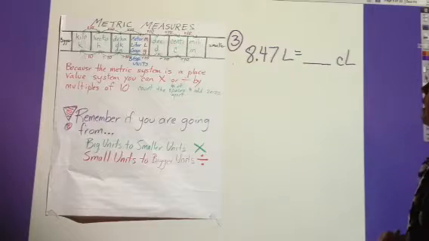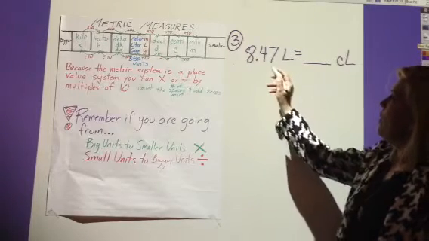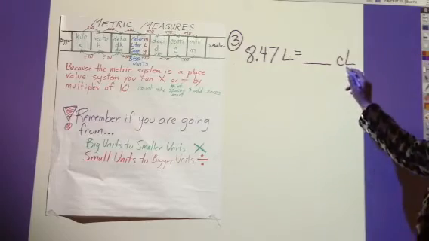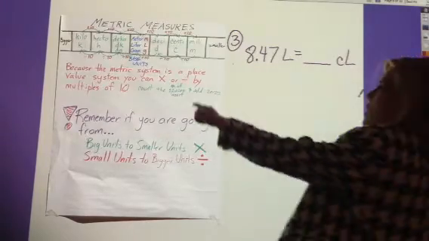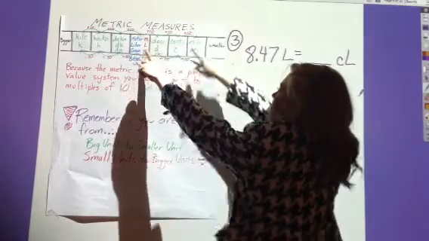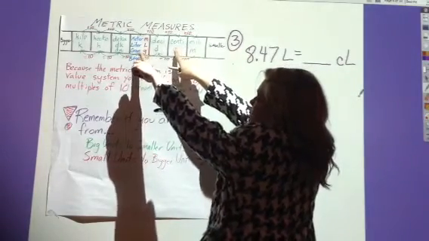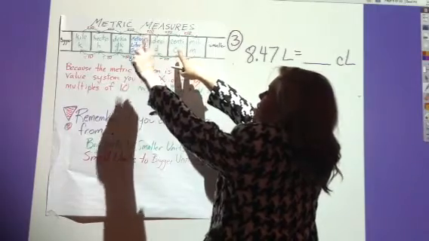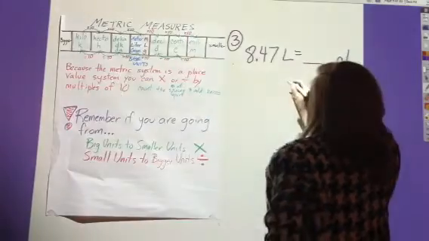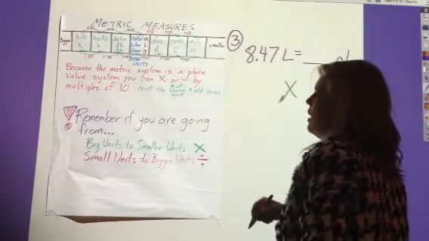Next. Here I have 8.47 liters, and I want to convert that into centiliters. I'm going to look at where liters is on my chart, and I'm going to look at where centiliters is on my chart, and I realize that this time I'm going from bigger to smaller. When I'm going from bigger to smaller, the operation is multiply.